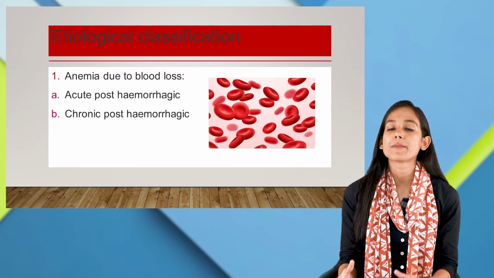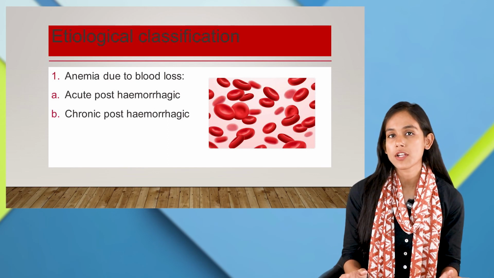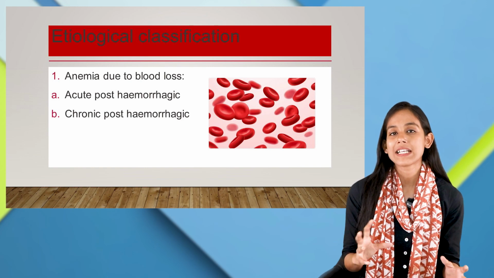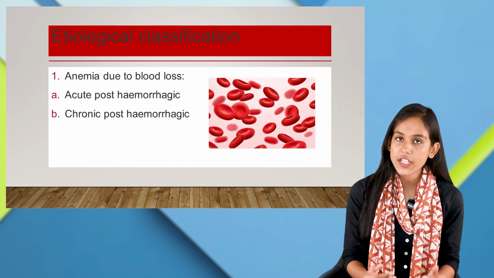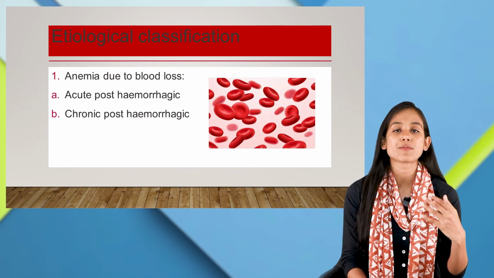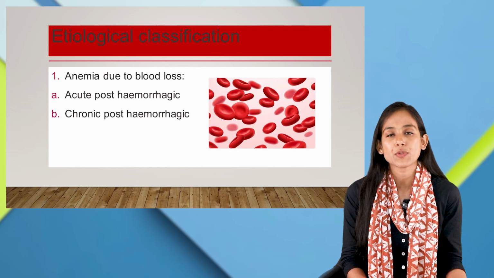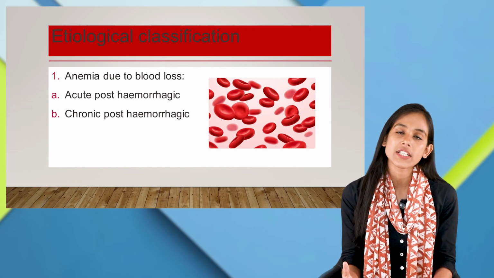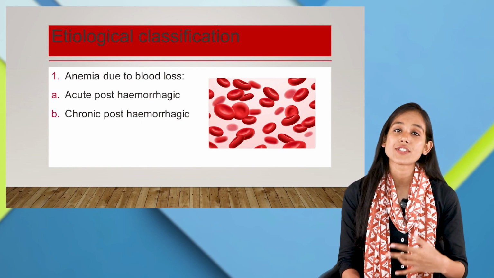First let us talk about the etiological classification. When we are talking about etiology, majorly there can be two things. The first is decreased production. For example, if there is bone marrow suppression, it is not being produced. The second is increased loss.